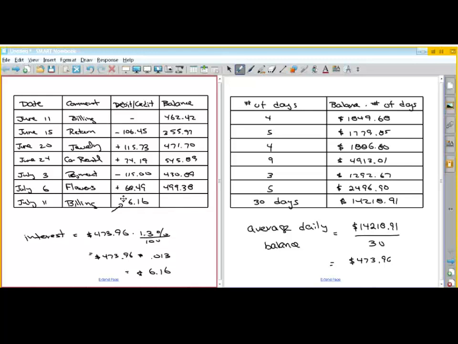That's going to be added. So then we take 499.38, which is the previous balance, and we add 6.16 to it, and we get $505.54, which is the new balance. And then you start all over again.